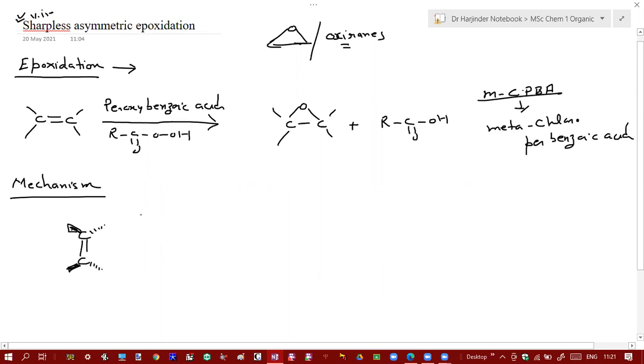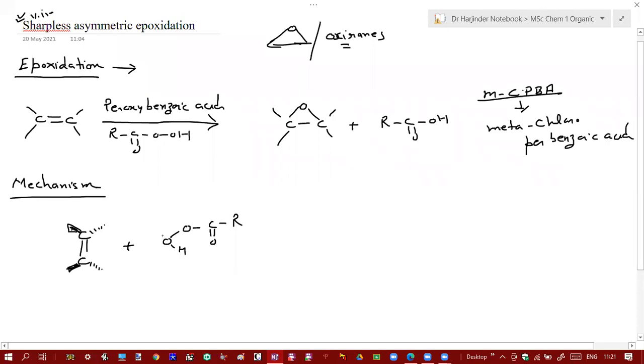Suppose you have this alkene, and you have OH over here, oxygen, C double bond O R. So this is your perbenzoic acid or peracid.